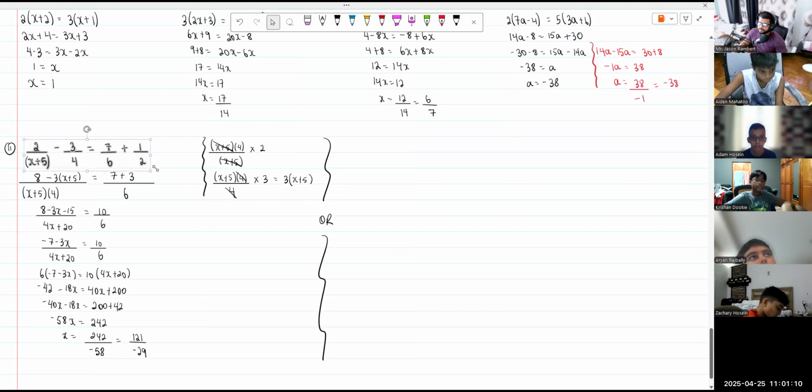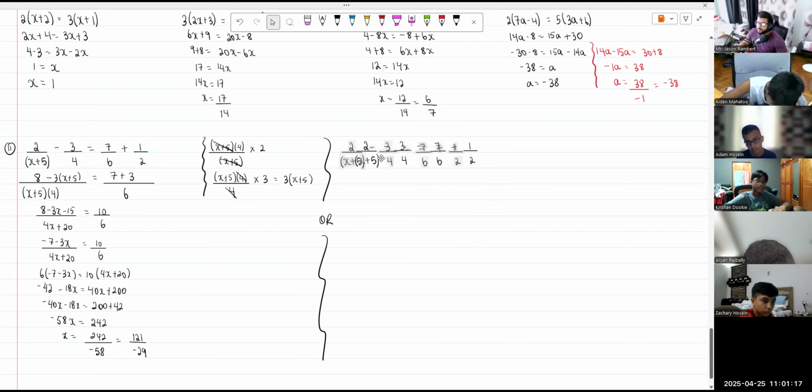But what if we really understand the concept of solving equations?